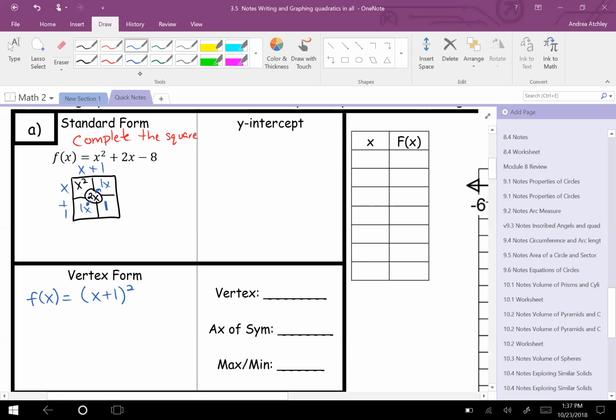So I have to ask myself, how do I make 1 into -8? What do I do to the 1 to make it -8? -9. Good. So I get -9 here.